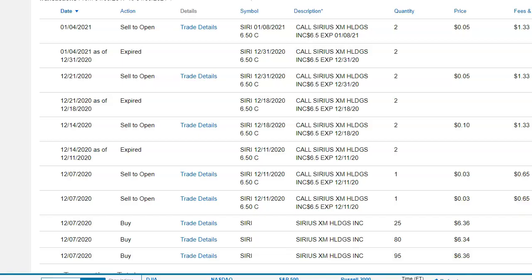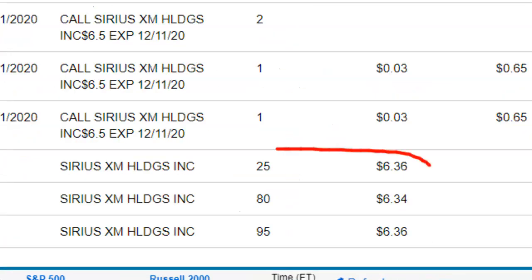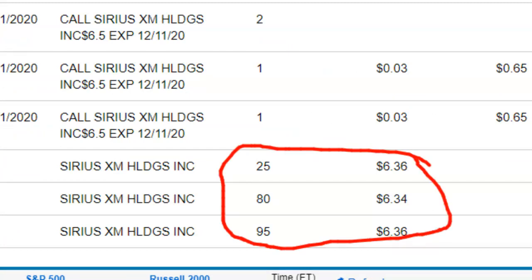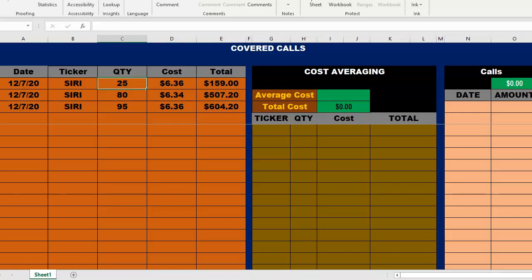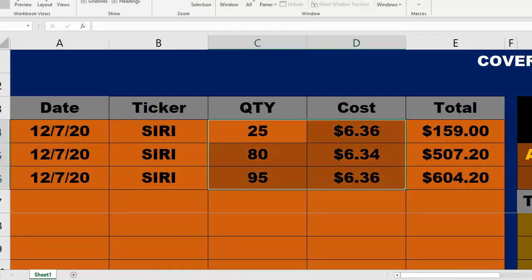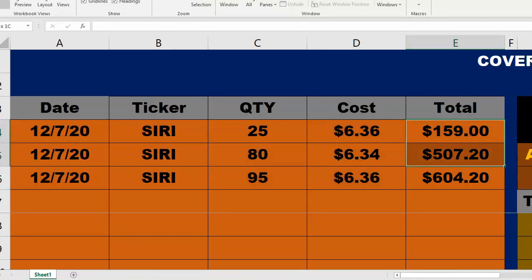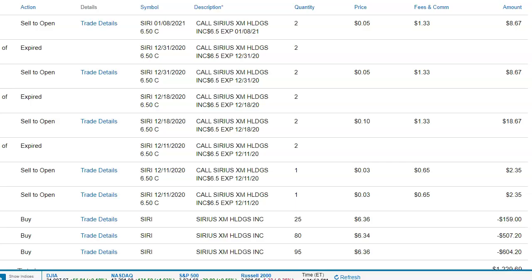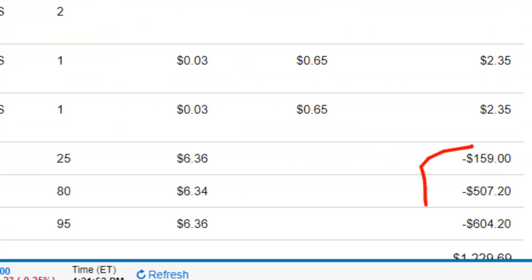And again, we can see that right here: 25, 80, 95 at 636, 634, and 636, which matches our totals here. And we can see 159, 507.20 and 604.20, and that does match our totals here.